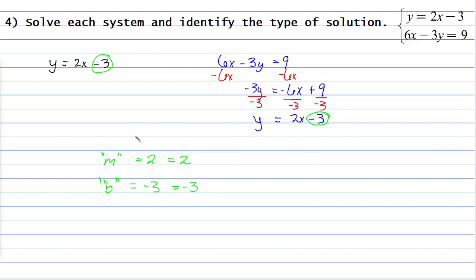So these are exactly the same line, and so this is a dependent solution. It has infinitely many solutions, but the way you would write the solution is y equals 2x minus 3. You have to get it solved for y, and you'd write it as y equals 2x minus 3.